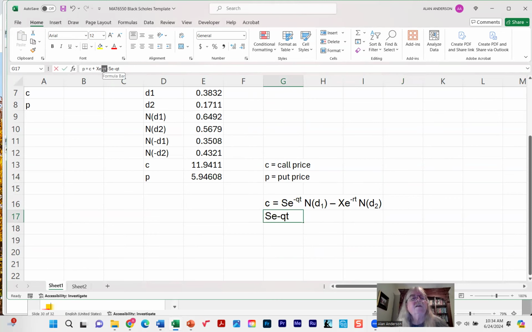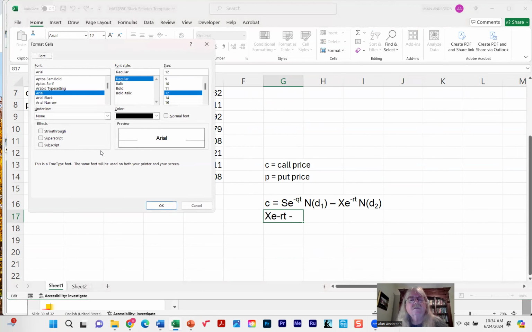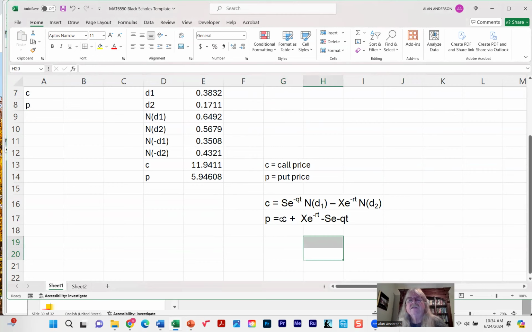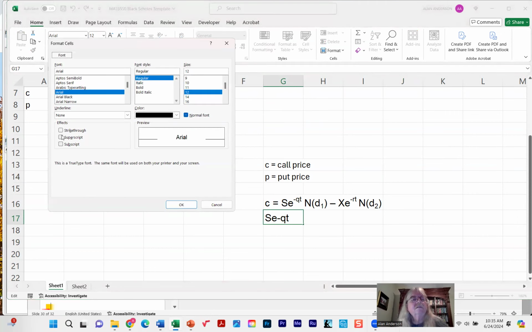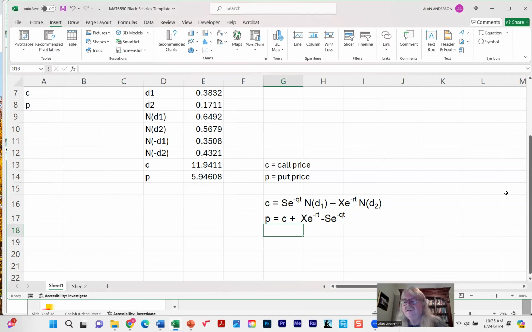So if you highlight it, right click, format cells, say, I want a superscript, please. And I'll do the same thing for the last one. See, these are the little things you have to learn. You can also put in Greek letters here if you know what you're doing. You have to insert symbol, and it'll find them for you. All right, anyway.